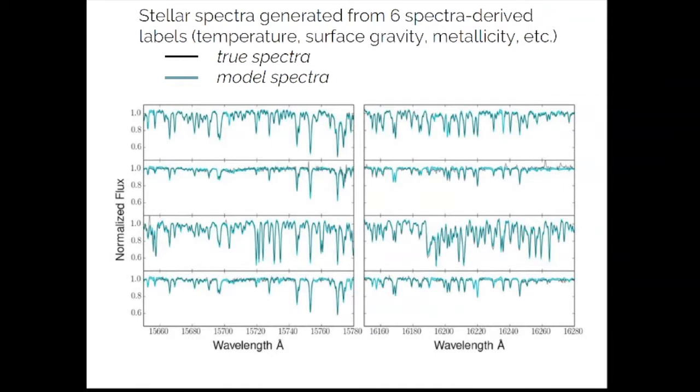In this case, the true spectra here are in black, and the model spectra predicted by this machine learning model are in this teal here. And you can see it's quite close. And the teal, it's hard to see here, but they actually have uncertainties on the predicted models.